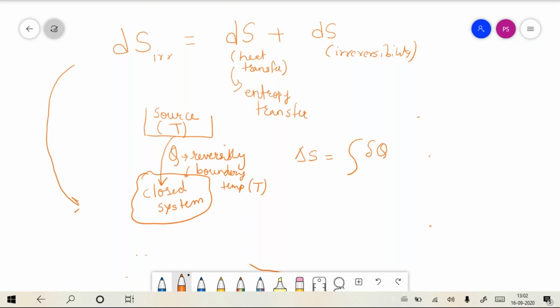So this becomes Q upon T. If you solve this integral, you get Q upon T.